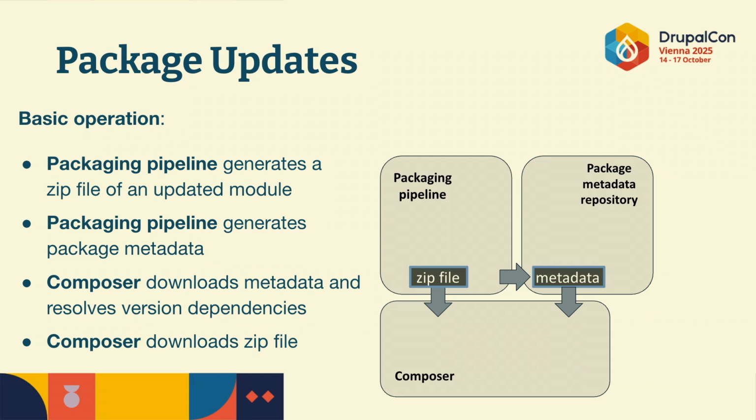And that generates a zip file of the code in the Git repository for that module. They then generate package metadata for Composer. This is the part that allows Composer and packages to talk to each other and understand what version is there, what the dependencies are, and what versions specifically are depended upon by this package and so forth. So it generates all that metadata.